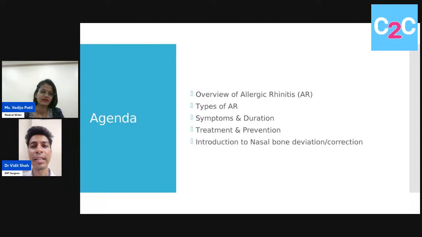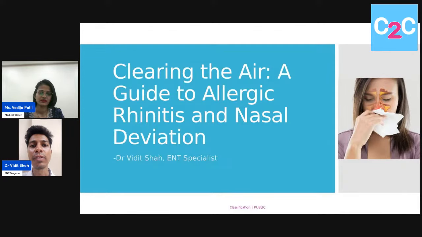particularly post Diwali and the winter season, in metros like Bombay, Bangalore, Delhi, and also now in tier 2 cities, we're seeing a lot of poor air quality index. And COVID was a major factor in bringing to light a lot of patients with poor lung capacity and also a lot of patients with allergic rhinitis coming to the forefront.